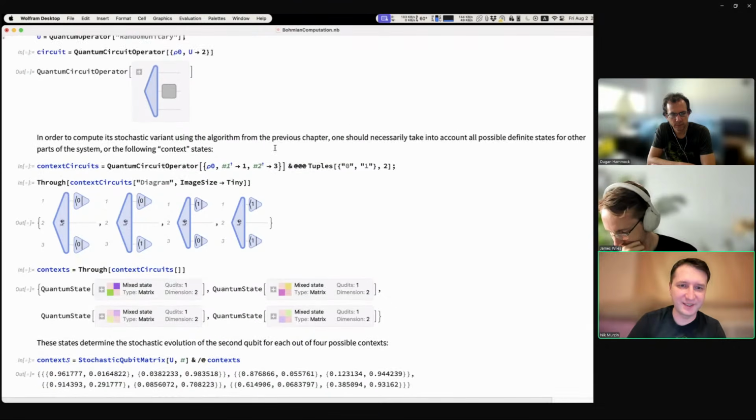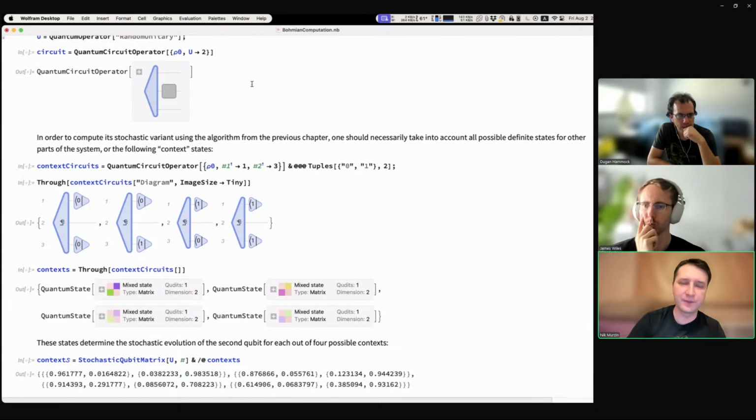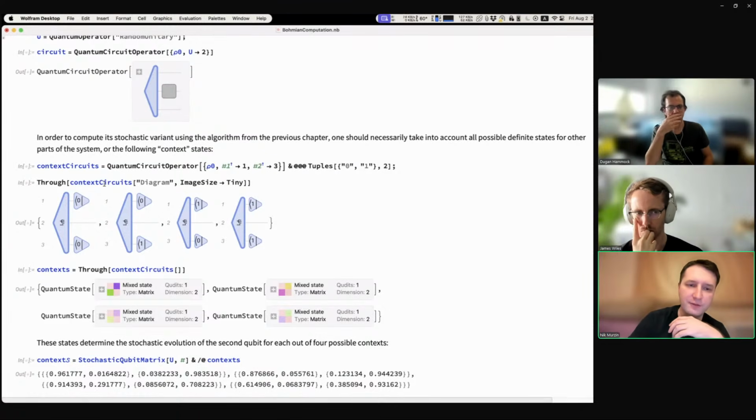So essentially, how it changes the dynamics is that you now have to consider all possible contexts of those other qubits that your qubit is entangled to. For this particular example, if you have 3 qubits entangled to each other, and you want to describe the dynamics of the second qubit, how it changes under unitary transformation, you need to consider 4 different contexts of all the other definite values those other qubits can take, right?